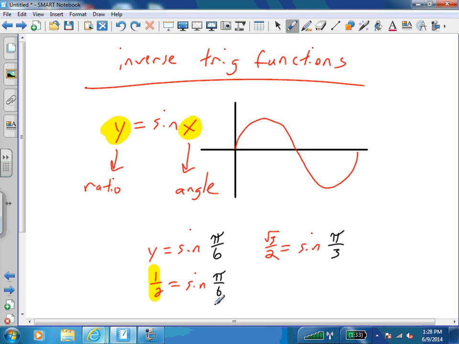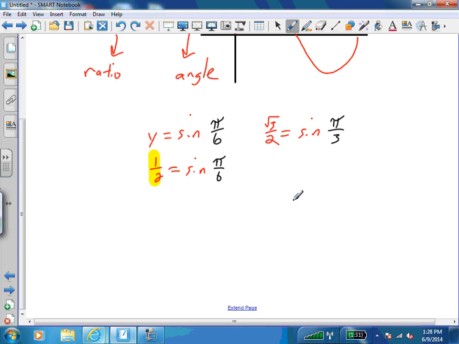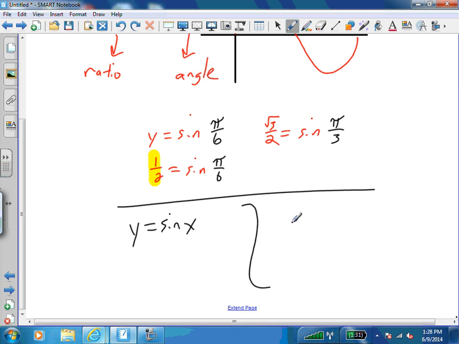Then you may recall that when we do inversions, we basically swap the x and the y. So instead of having y equals sine x, the inverse of that function comes from swapping x and y, and then solving for y.